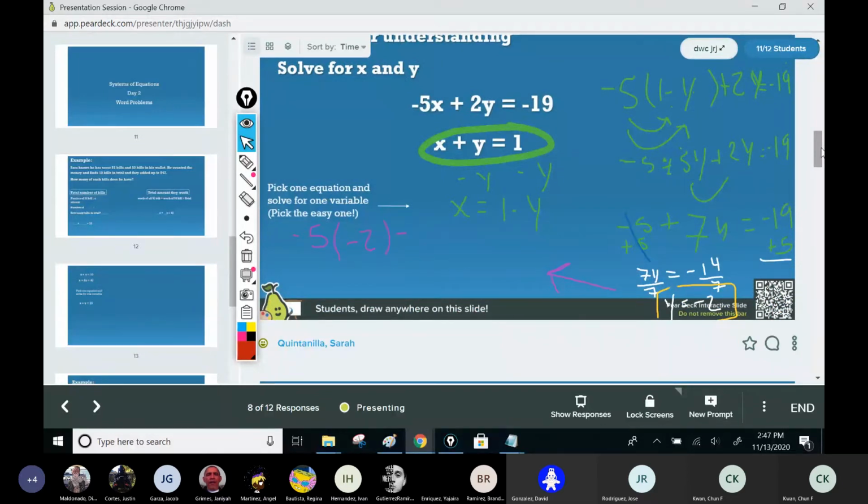Whoa, wait, Sarah. Stop. Y equals -2, right? So when you plug it into the equations, you have to replace the y. It doesn't matter which equation you do.